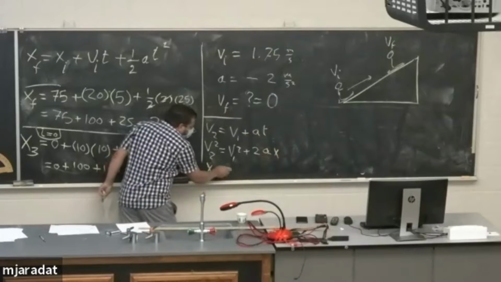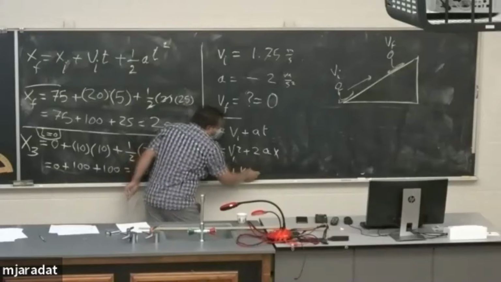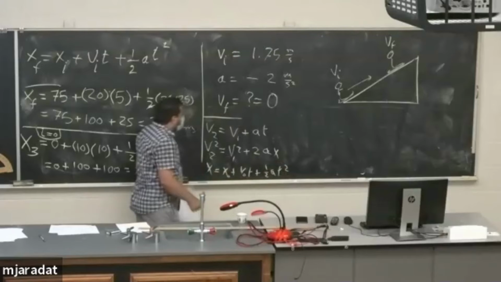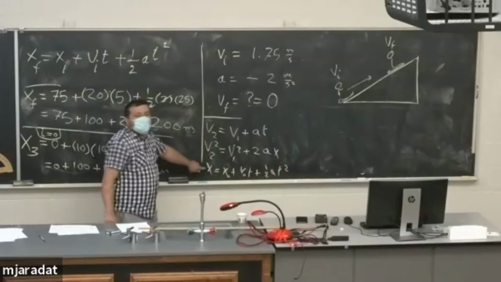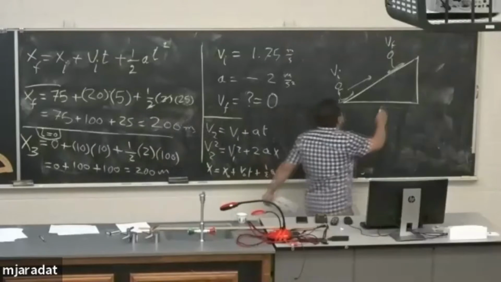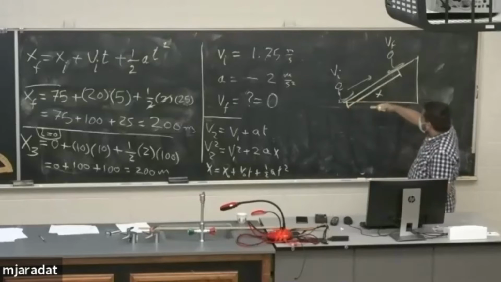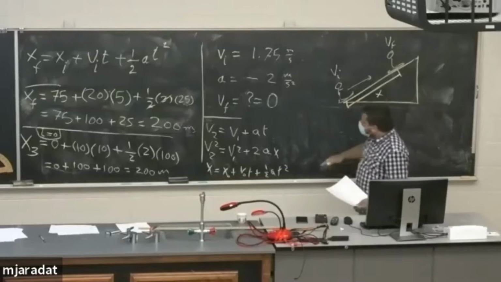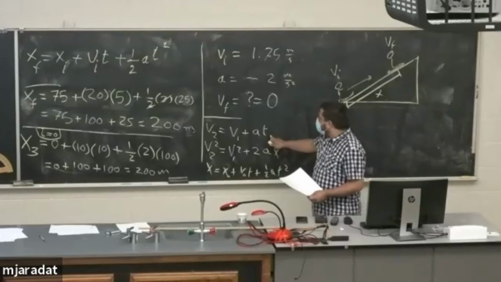X is equal to X naught plus V naught T plus half AT squared. I have the time in the first and the third one. If I need to use the third one, I don't have the displacement, which is X. My X now has a slope. It is not horizontal. What about the second one? I cannot find the time from the second one. What about the first one?